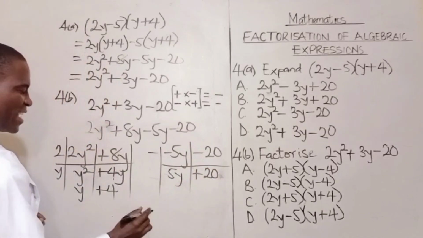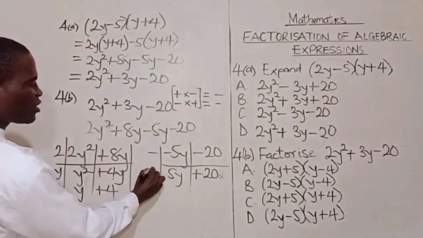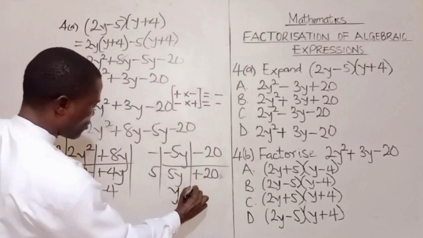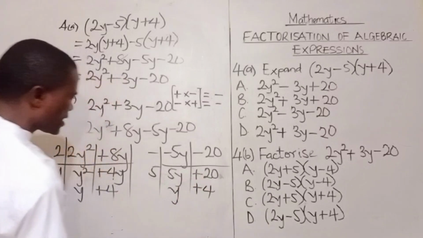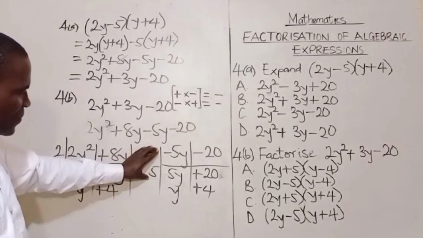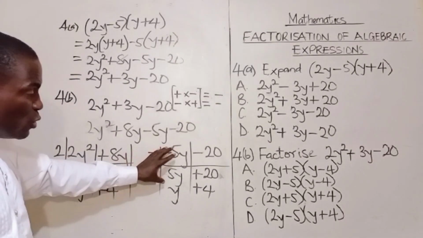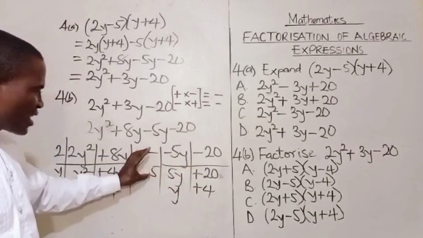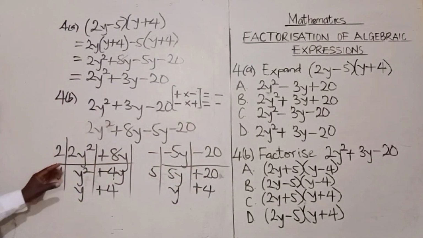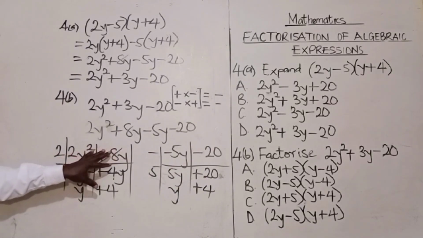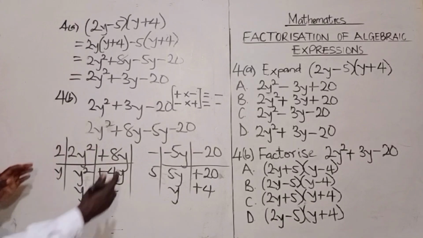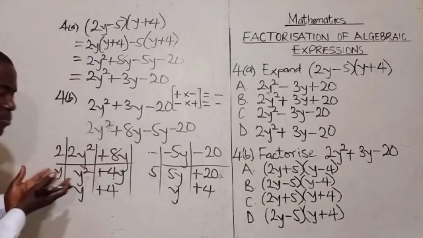So what else again is common? 5 is common. We take 5. 5 goes here, we have y. 5 goes here, we have 4. You can see we have been able to extract a key that was once used to open the door here. We have extracted the key. The key is minus 5. Here also, we have been able to extract the key that was once used to open this door, and the key is 2y. So we can now bring the keys together.